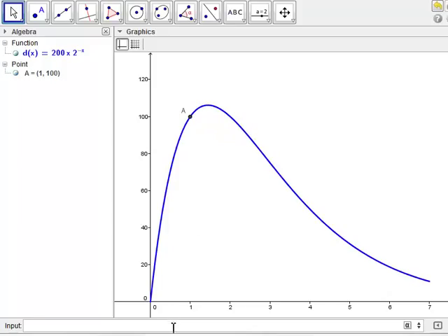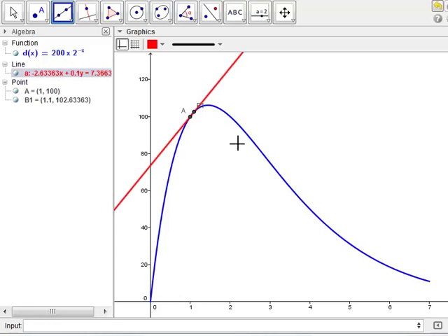So let's define a point B, let's call it B1 since we're going to do this several times, equals (1.1, d of 1.1). Alright, so here's a point that's very nearby, and the question is, what is the slope between these 2 points? Okay.